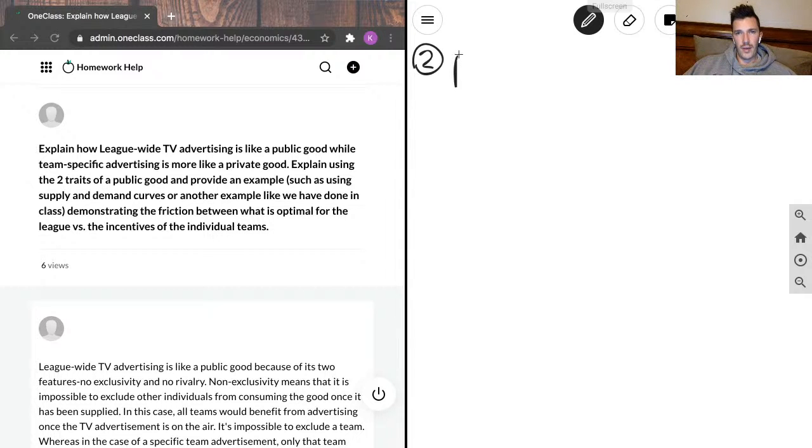So if we remember, a public good has 2 main characteristics. 1, it is non-excludable.